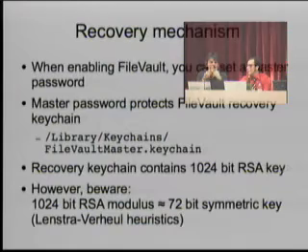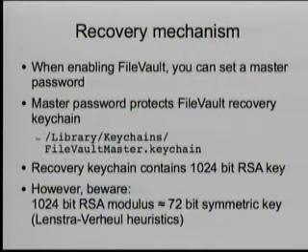Okay, now to the recovery mechanism. When you enable File Vault, you can, or basically you have to set a master password. This master password, in turn, protects a keychain that is in your library keychains directory. And this recovery keychain, it's called, contains one certificate and one private key.